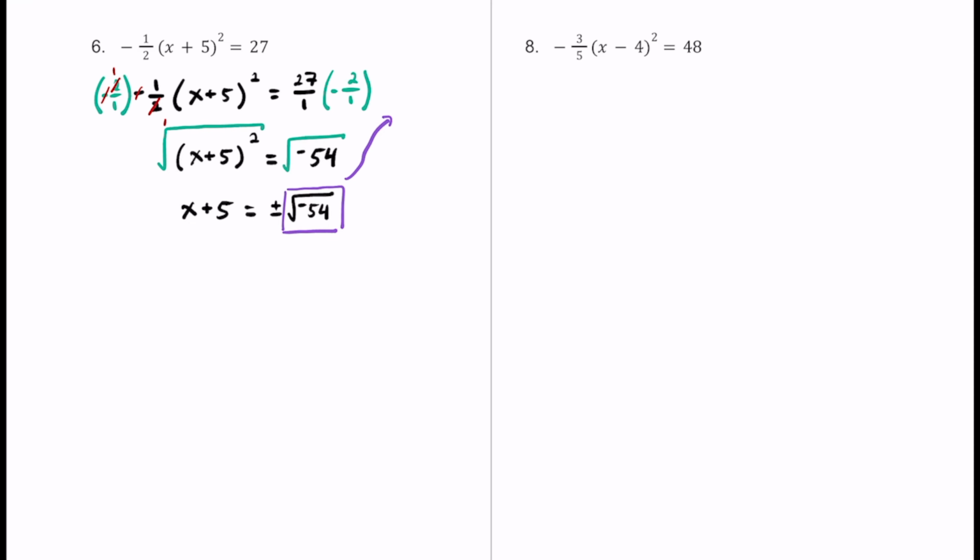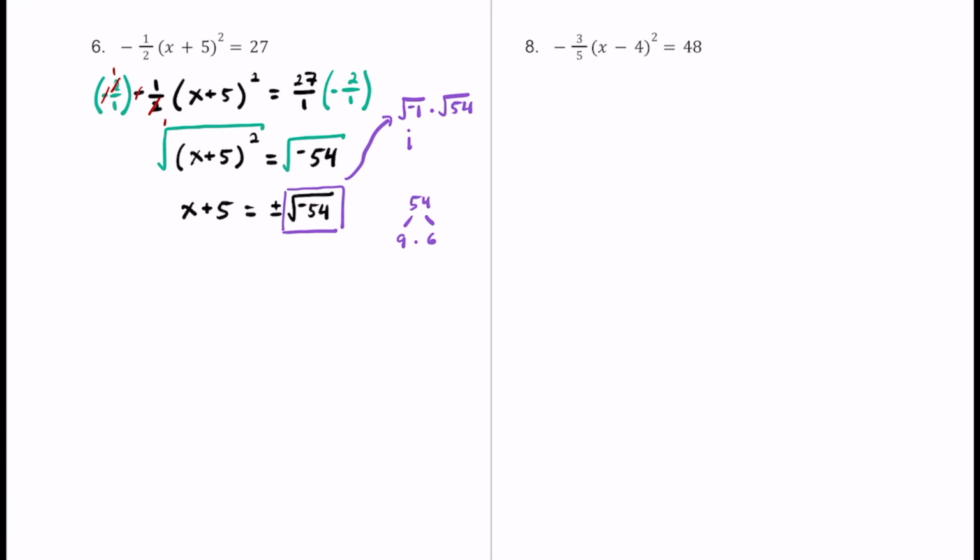So let's go ahead and take out the negative 1. So it's the square root of negative 1 multiplied by the square root of 54. Now the square root of negative 1 is just i, and then let's take a look at the 54 and see if we can find some perfect squares inside of it. Okay, so I'm thinking 9 times 6 just because I know 9's a perfect square, and 6 won't break down into 2 matching numbers. It's just 2 times 3.